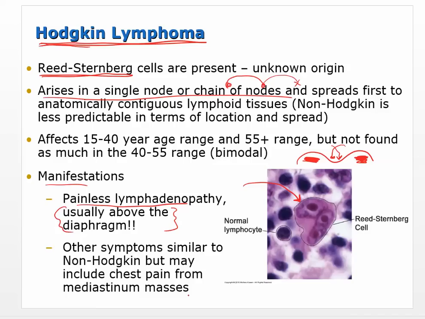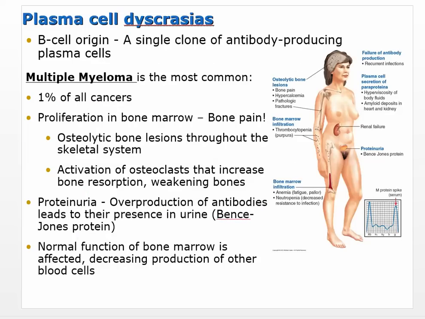So you may get masses in the chest area that cause pressure and chest pain. So those were the lymphomas. Now we're going to talk about, really, multiple myeloma.